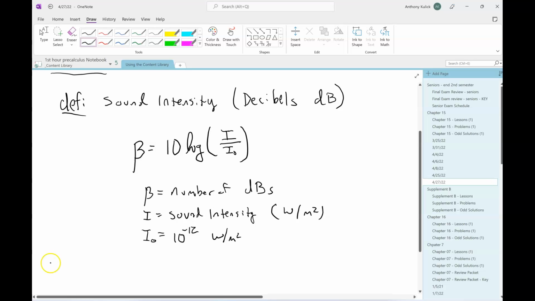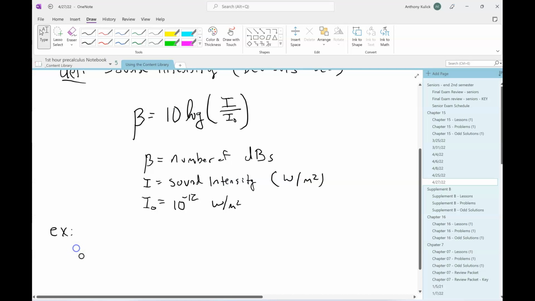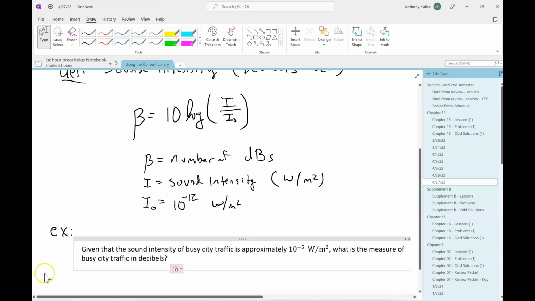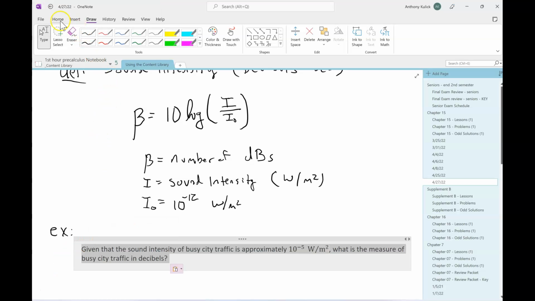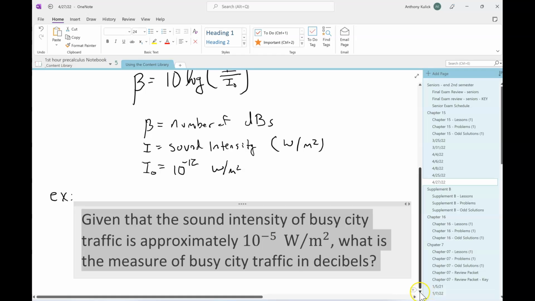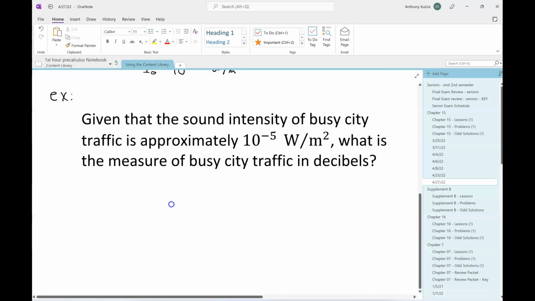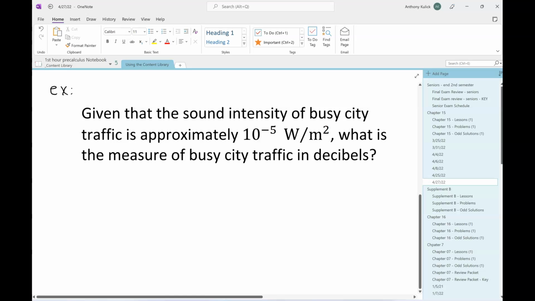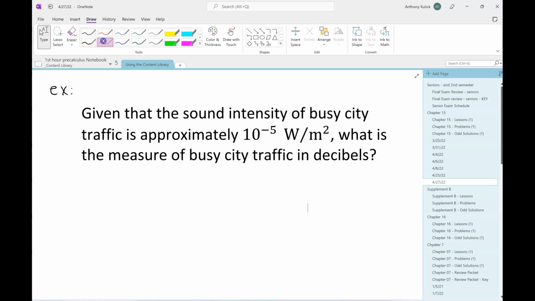So let's do an example here. Given that the sound intensity of busy city traffic is approximately 10 to the negative fifth watts per meter squared, what is the measure of busy city traffic in decibels?